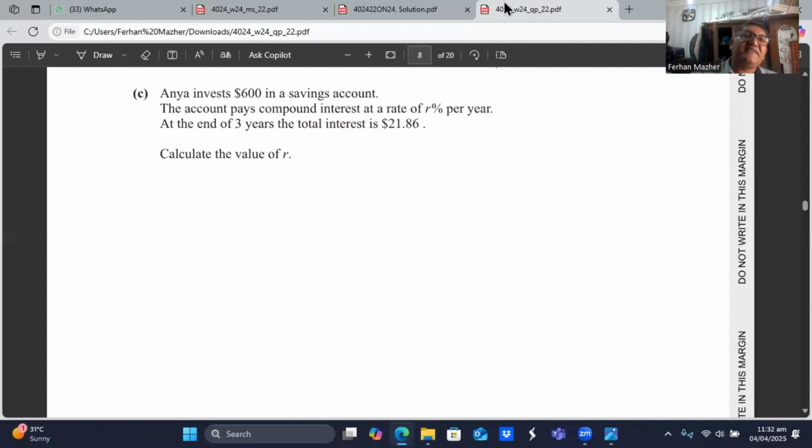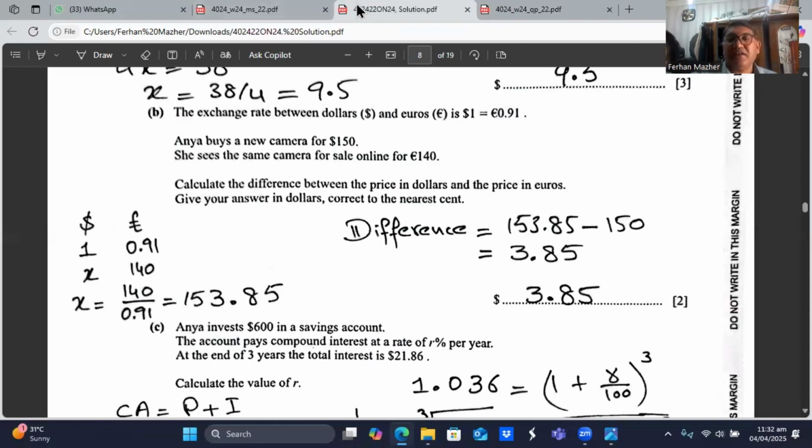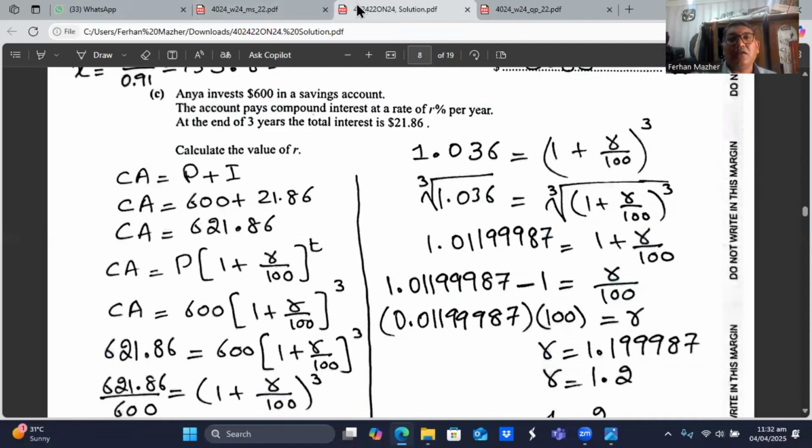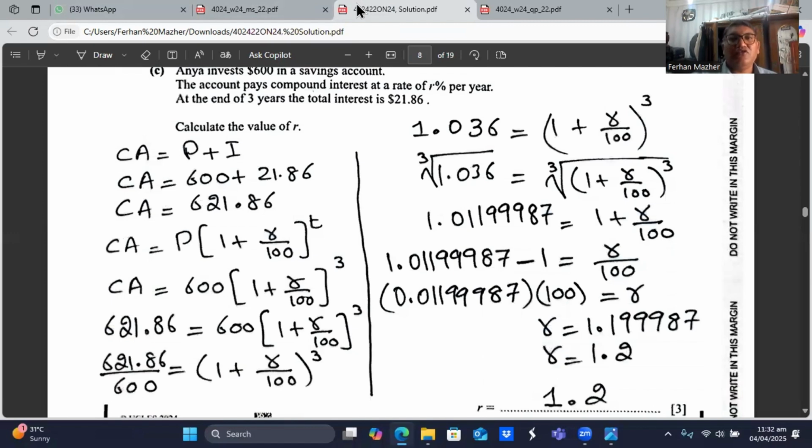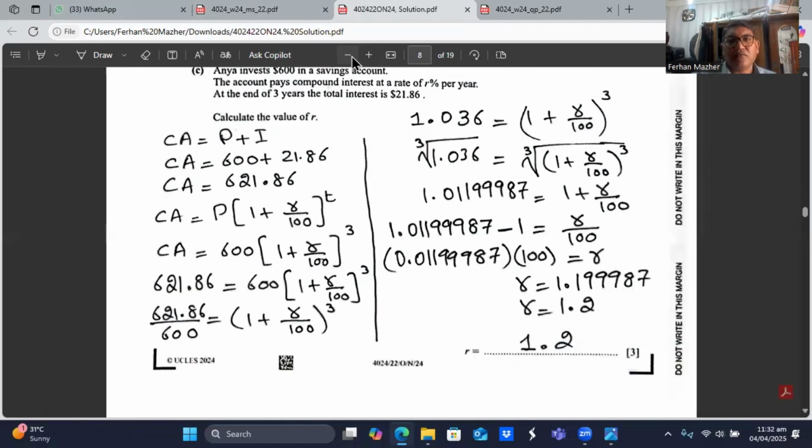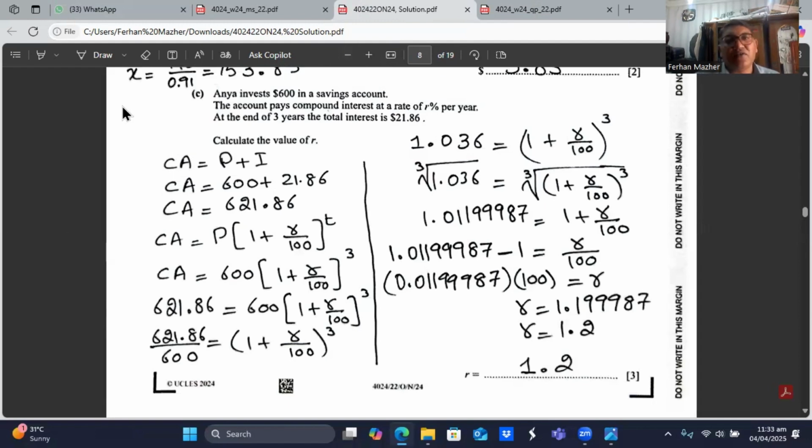So the initial investment is 600. You see, Anaya invested $600. The interest she got after 3 years is 21.86. So the compounded amount will be principal plus the interest, that's 600 plus 21.86, which is 621.86.